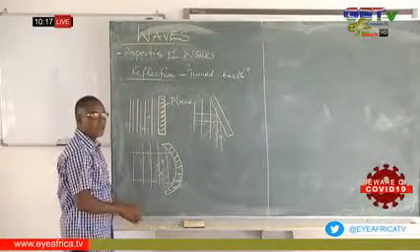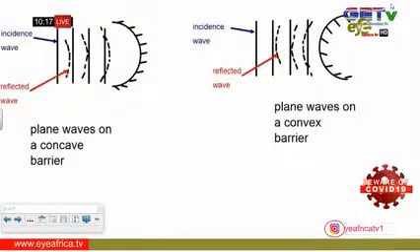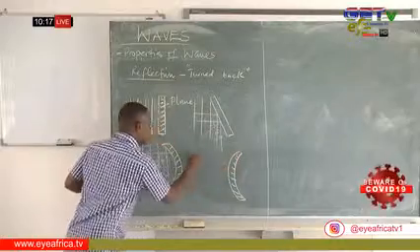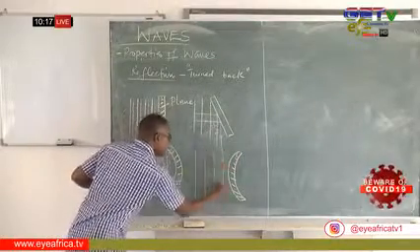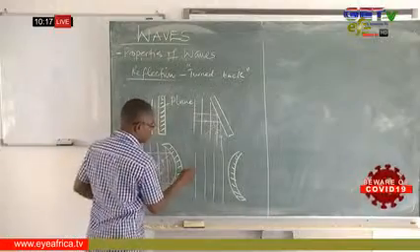Now we see the other one. It can also be incident on a convex barrier. What if the barrier is convex? A plane wave is still incident, and it takes the shape of that barrier.